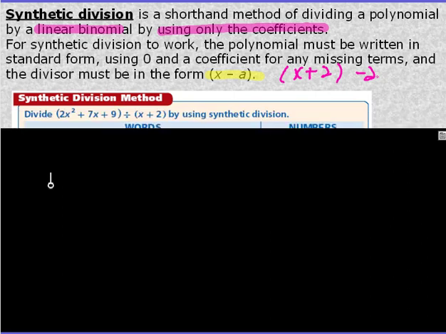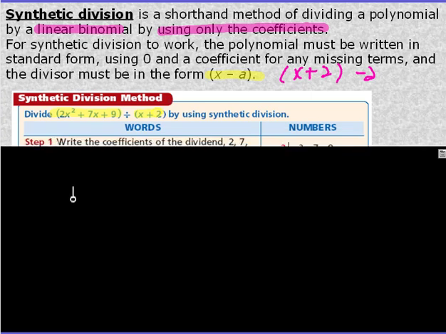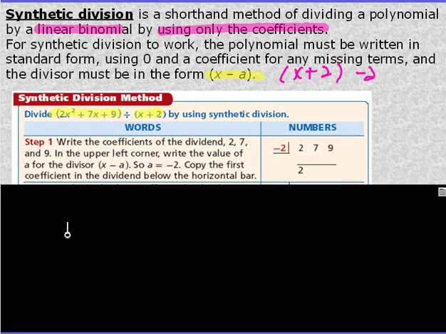So here's the problem. Divide 2x squared plus 7x plus 9 by x plus 2 using synthetic division. So step 1, we want to write the coefficients of the dividend. The dividend, again, is going to be this part.